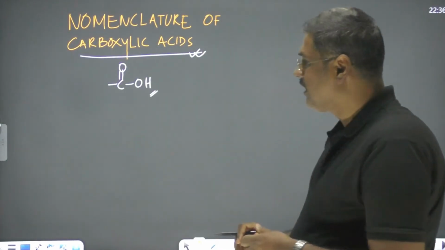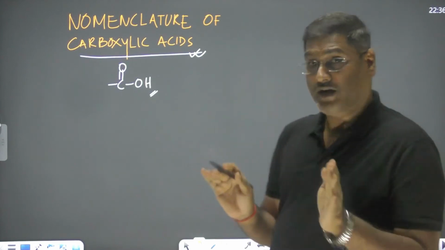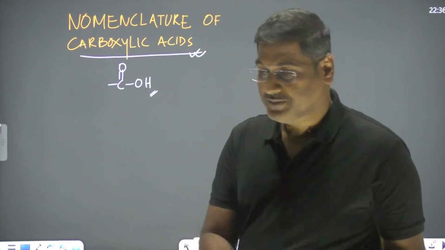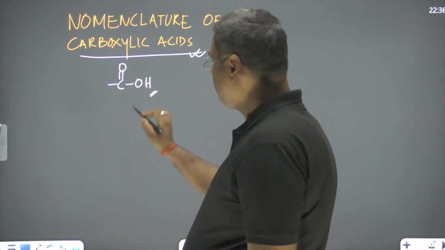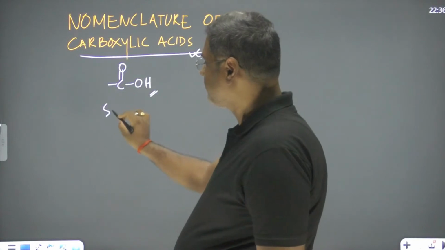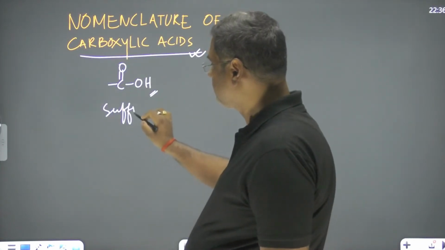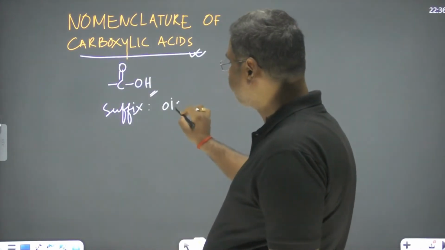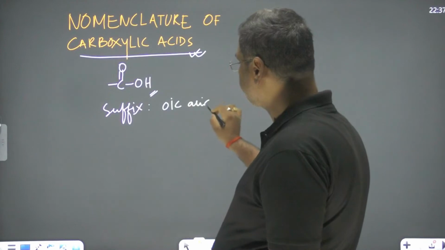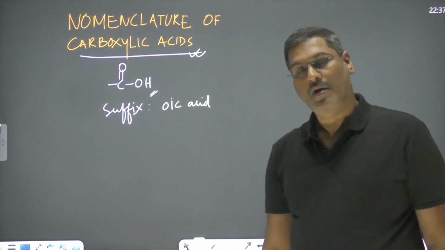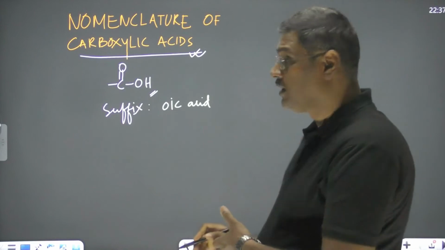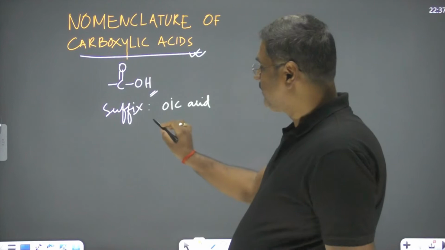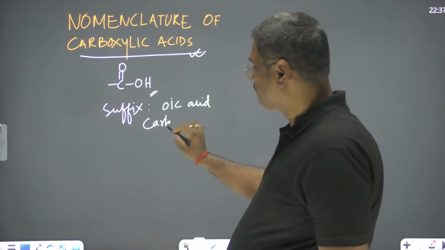Other important information regarding this is suffix and prefix. You understand that here the suffix is oic acid, and one more suffix it has, that is carboxylic acid.